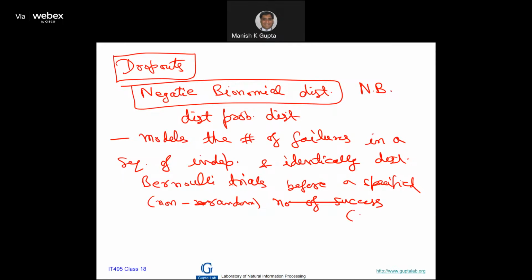We denote the number of successes by R here. So it's a discrete probability distribution which models the number of failures in a sequence of independent and identically distributed Bernoulli trials before a specified number of successes, right?